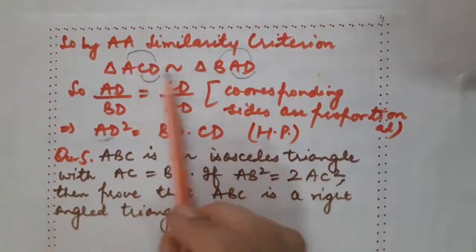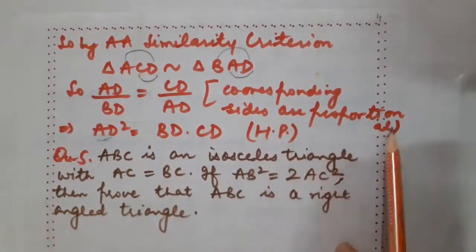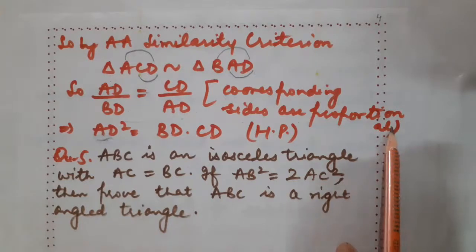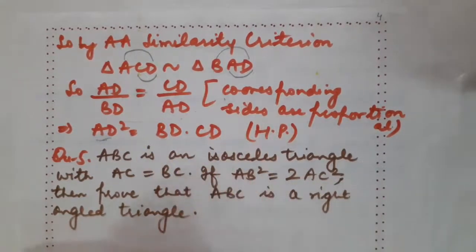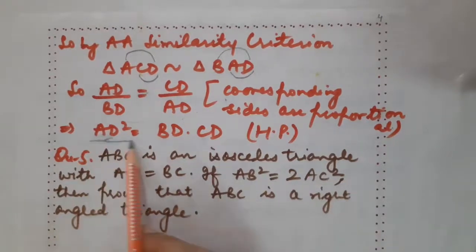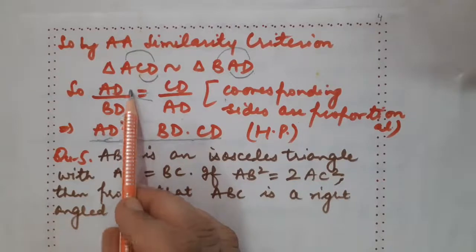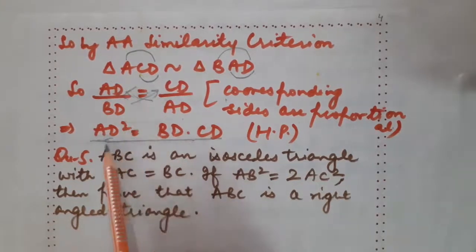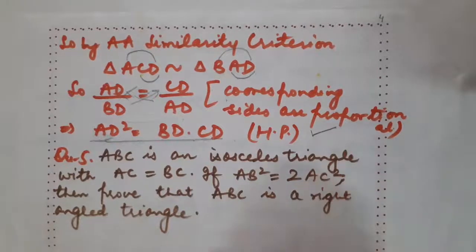Because I know that both the triangles are similar. So definitely the corresponding sides must be in the same ratio. And I am not going to use the third relation. Why? Because I don't require it. I just want to prove that AD square is equal to BD into CD. So that has been proved while cross multiplying. AD square is equal to BD into CD, hence proved.